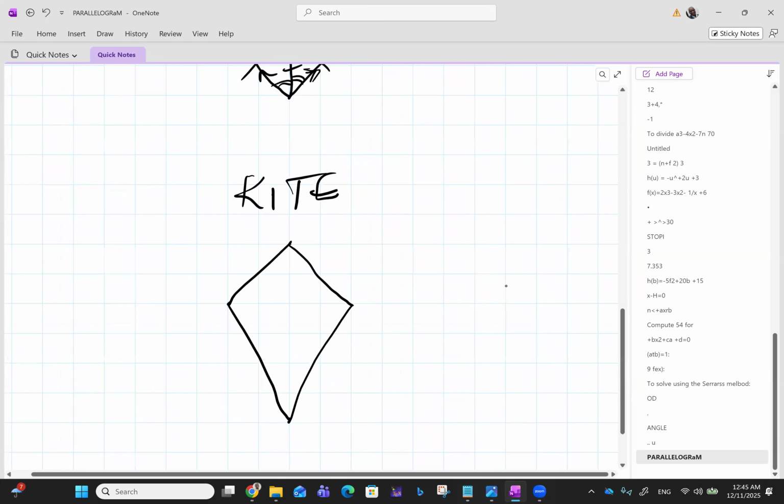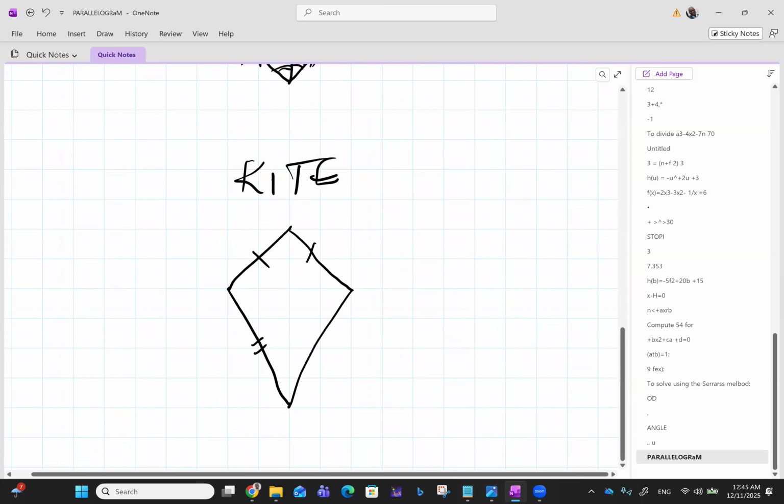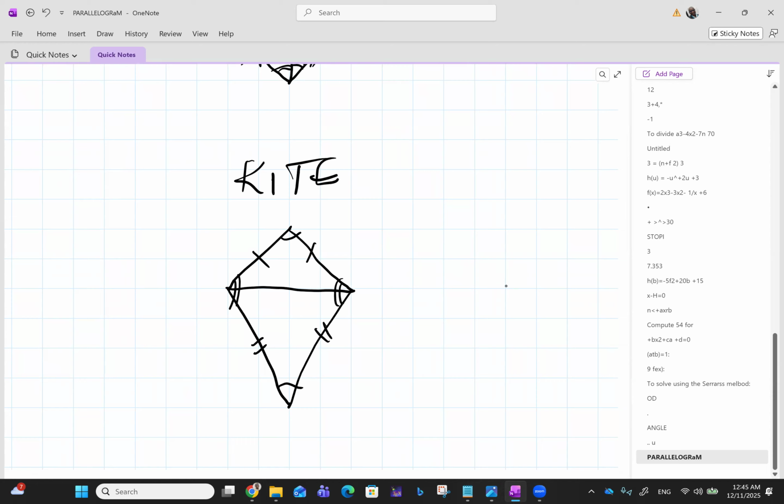So this side is equal to this side, and this side is equal to this side, and the opposite angles are equal. So this angle is equal to this angle, while this angle is equal to this angle. So this diagonal bisects the other diagonal and they meet at 90 degrees, just like the rhombus we considered the other time.